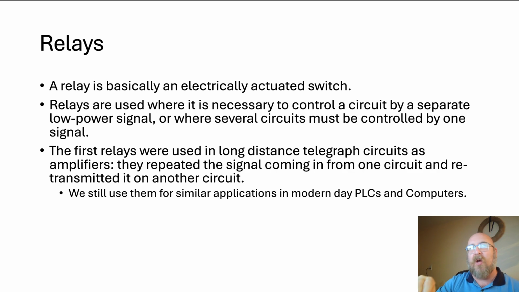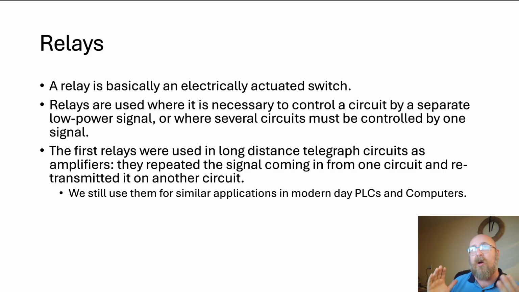Do you really want to be that close to 20,000 volts? No. So we use a relay, which basically uses a lower voltage to energize a coil that pushes the contact that closes the circuit on the much higher voltage.